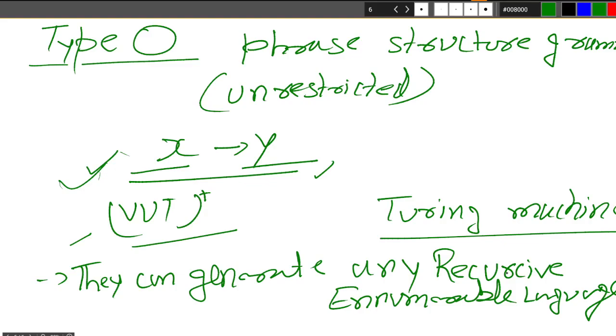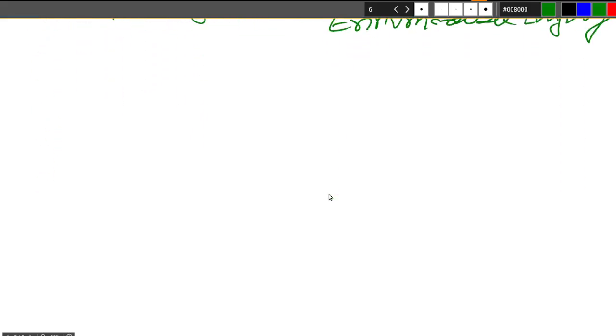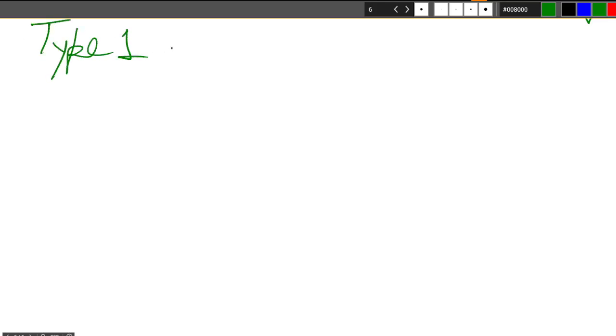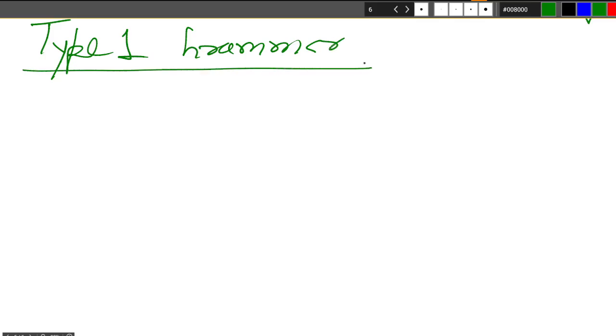Now, if we think about type 1 grammar, you also call it context sensitive grammar.